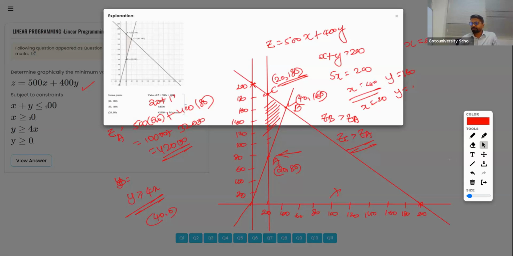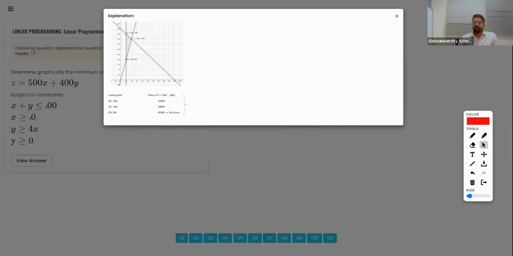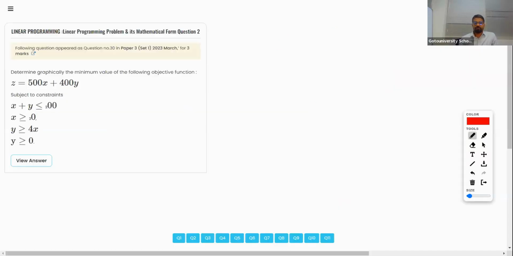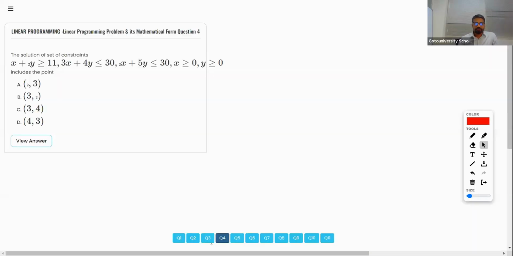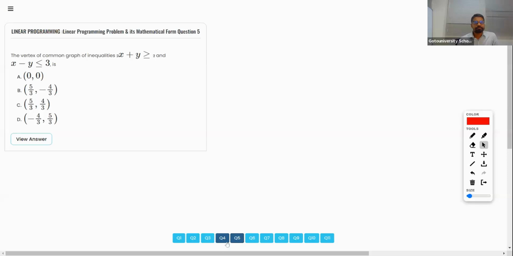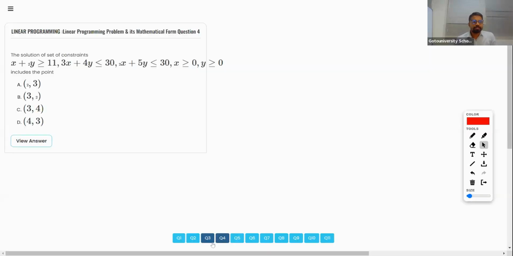Yes. One last question we'll solve. So what is it? The solution set includes which points is what we have to find out, right?